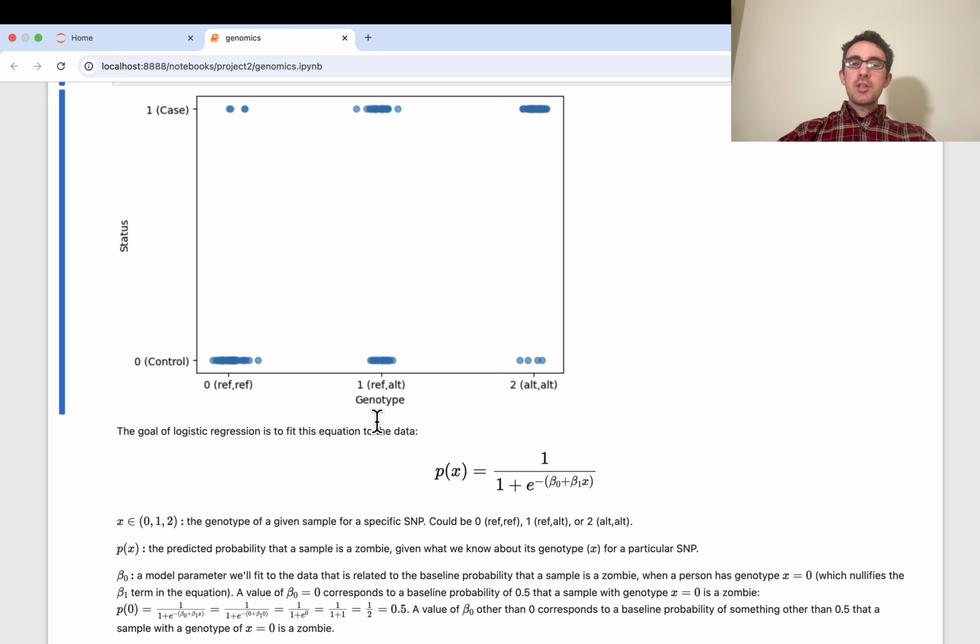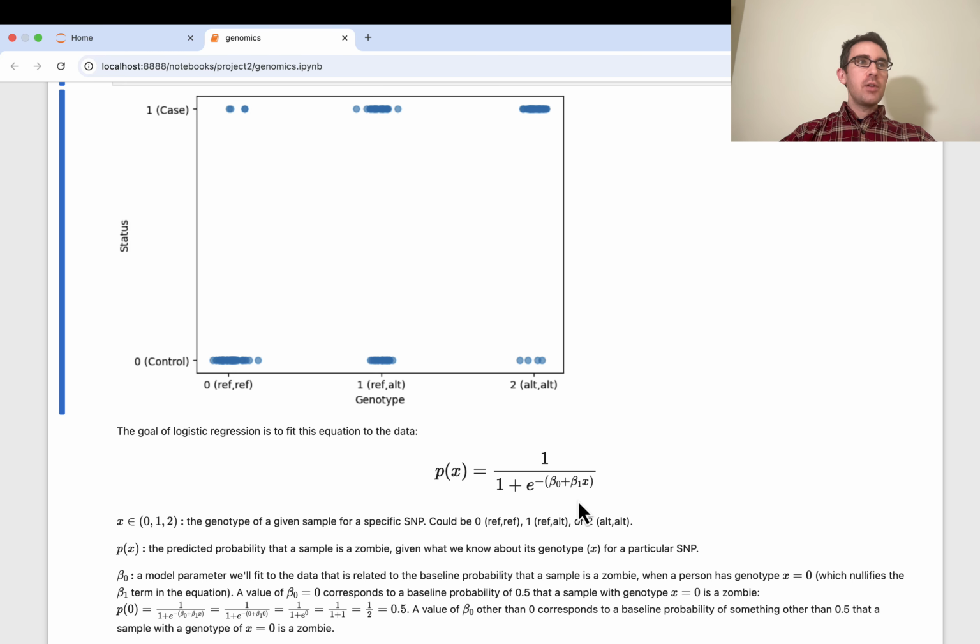So the goal is to use this equation to relate the genotype to the phenotype in a way that we can get a probability estimate on whether someone is a zombie or normal, if we don't actually know their true label, but we know their genotype.